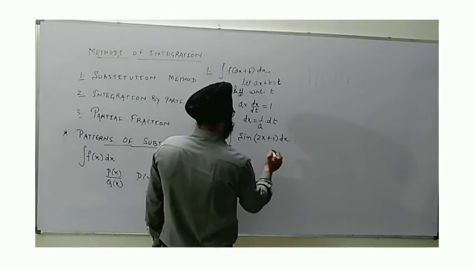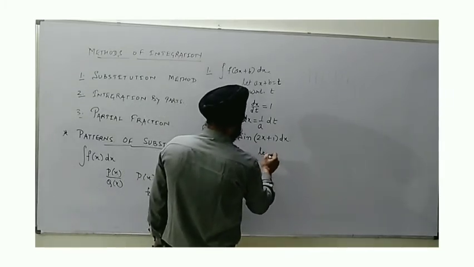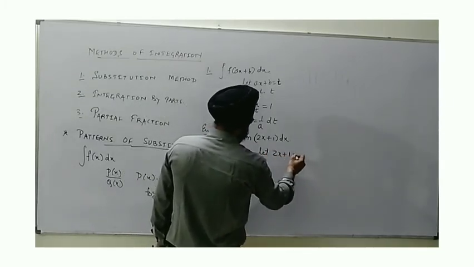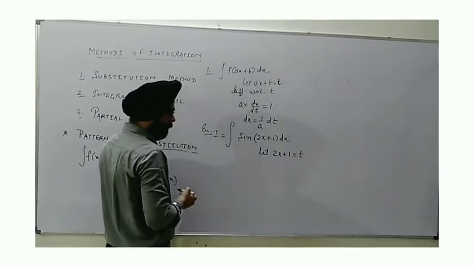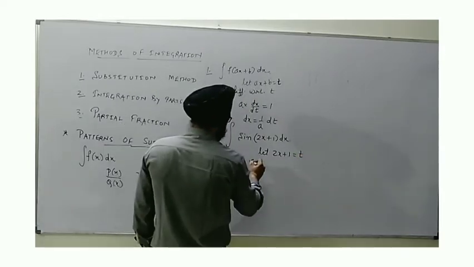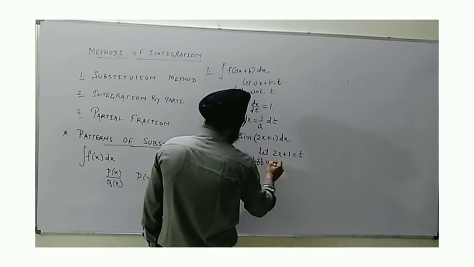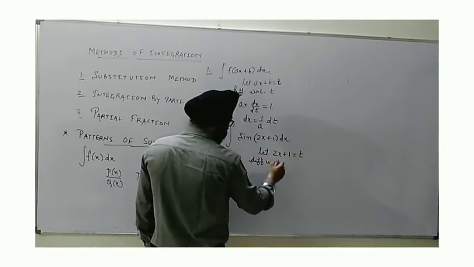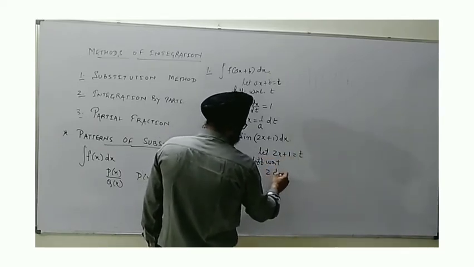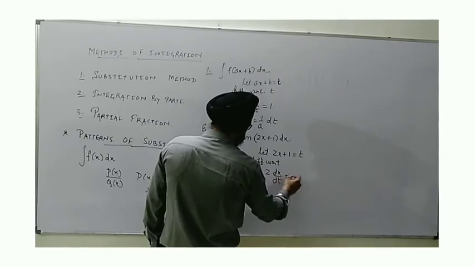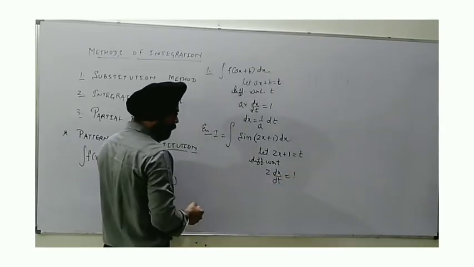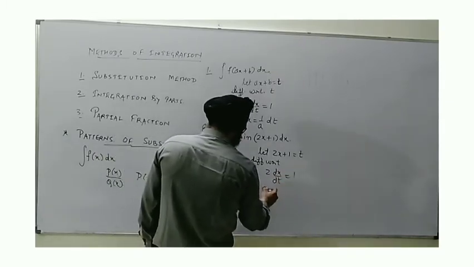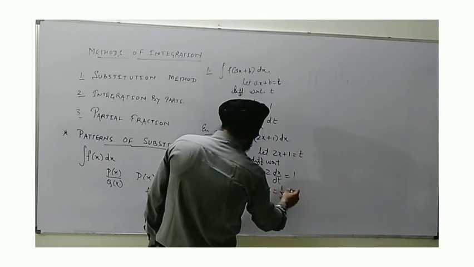So we can say let 2x plus 1 be t. Now differentiate with respect to t. This can be done directly. So we get here 2 dx upon dt equal to 1. dt shifted that side, so we get dx equal to half dt.